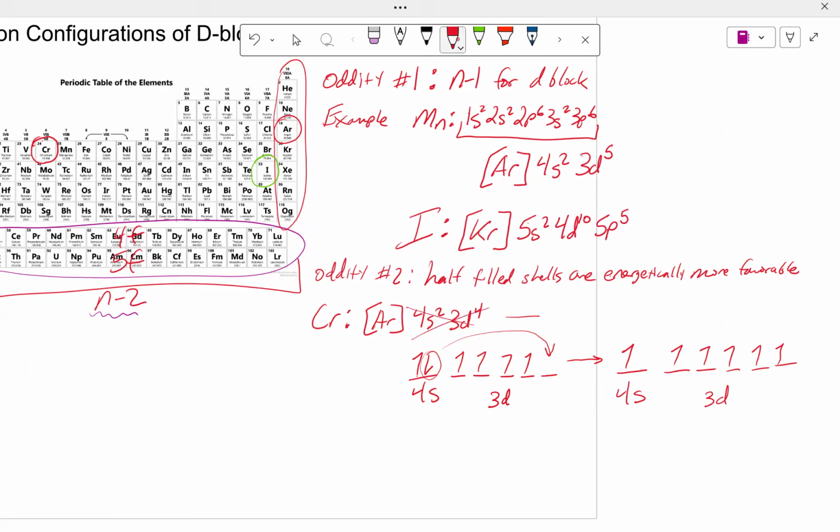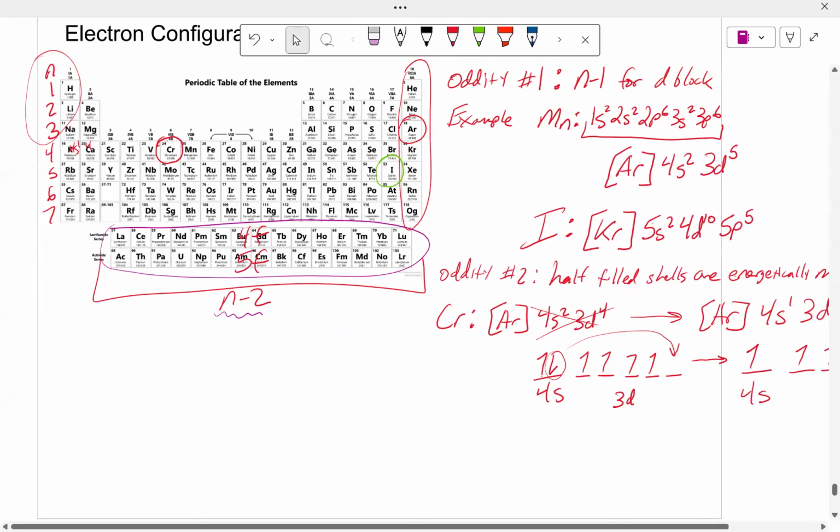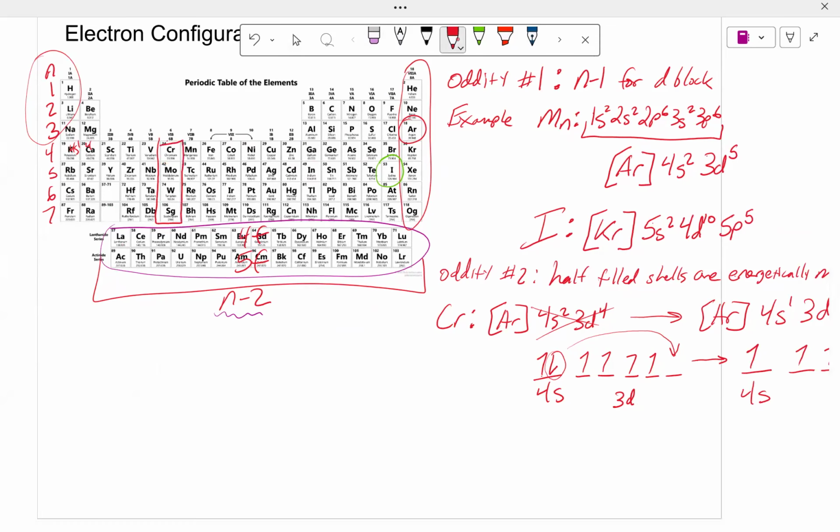The correct electron configuration for chromium would be 4s1, 3d5. And that's going to be true. You're going to see a very similar trend for all of these atoms right here in that column.